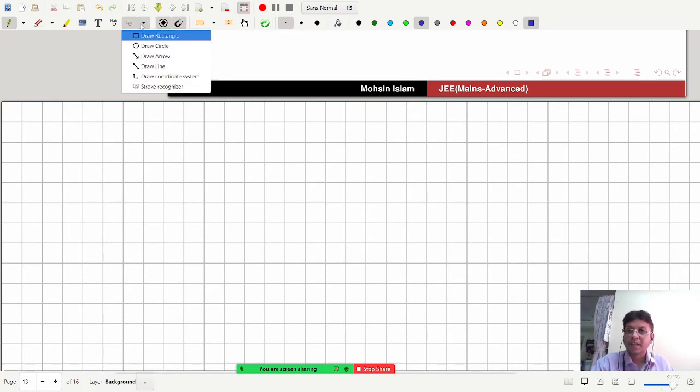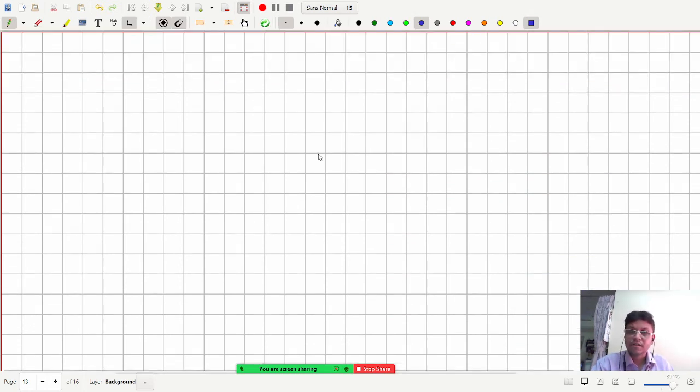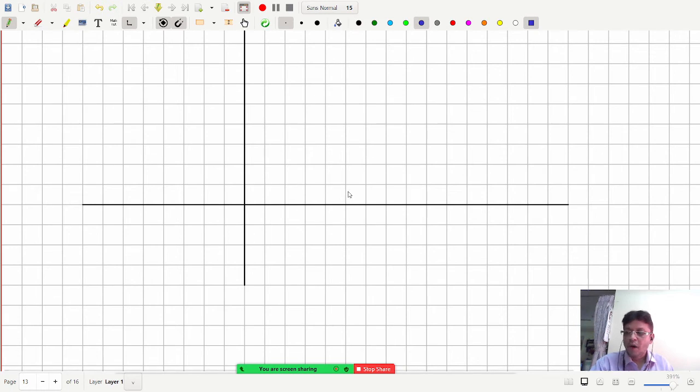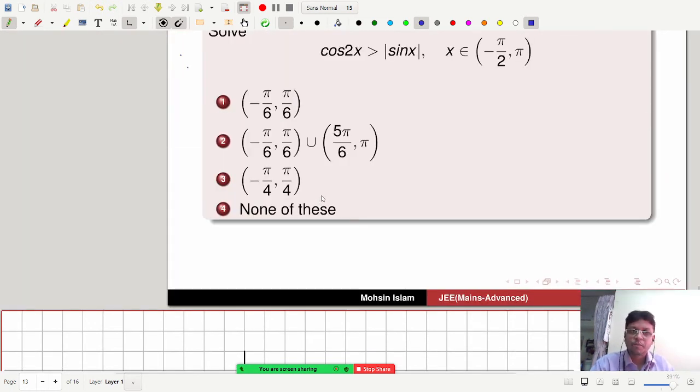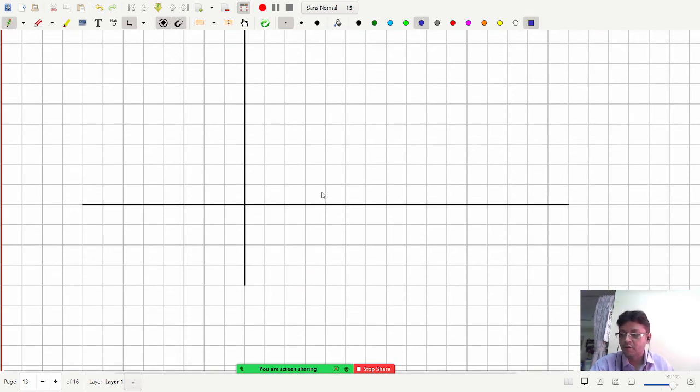So let me take the coordinate axis. This is your coordinate axis. Now let us draw cos 2x. You have to draw within minus pi by 2 to pi. Okay, that's good.